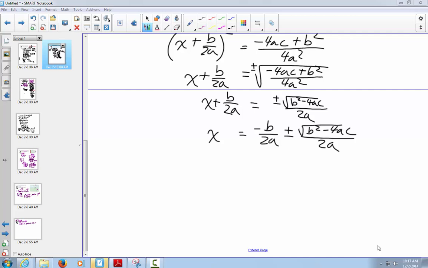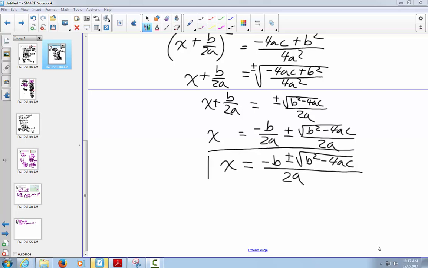They have a common denominator, so we get negative b plus or minus the square root b squared minus 4ac, all divided by 2a. And there is the quadratic formula that we can use to solve for x for any quadratic.